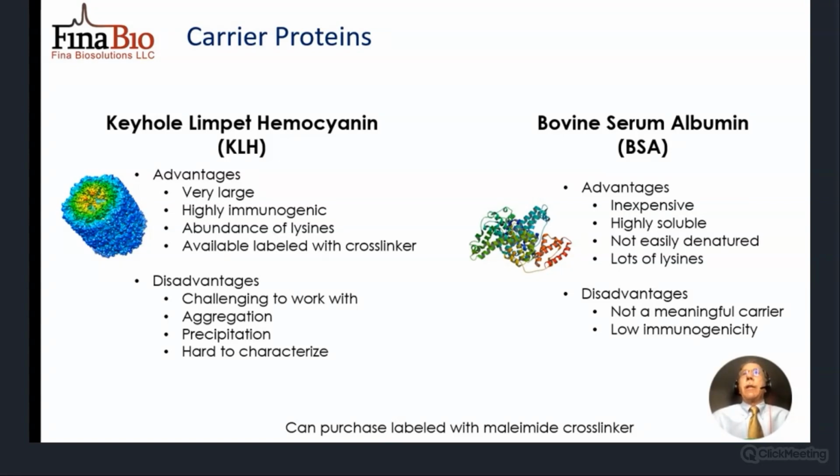Another common protein is BSA: cheap, highly soluble, not easily denatured compared with many other carrier proteins, but the disadvantage is it has relatively low immunogenicity. In my opinion, BSA is better for making conjugates for ELISA coating reagents.